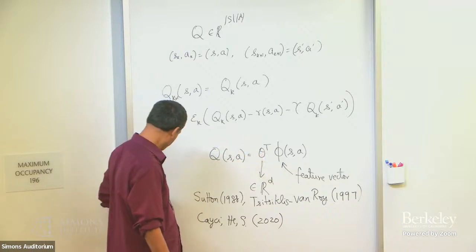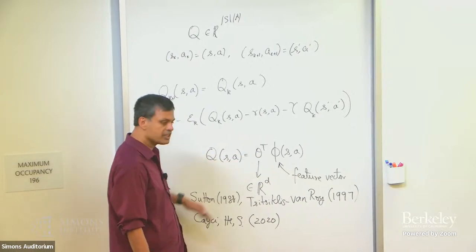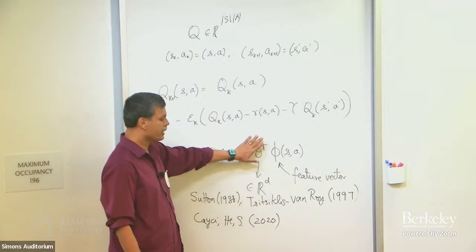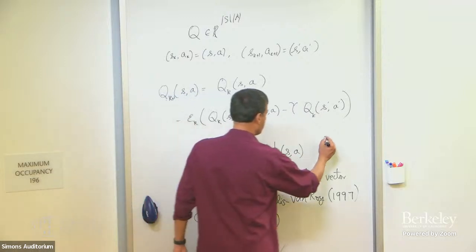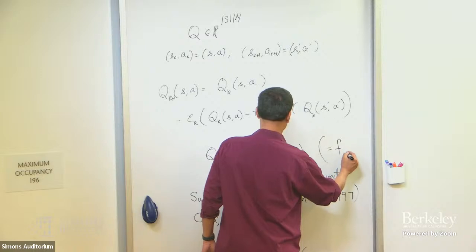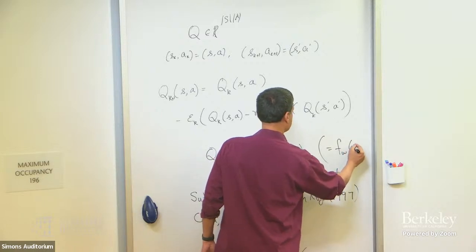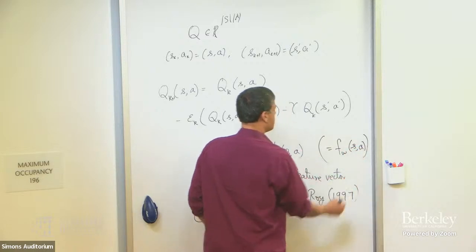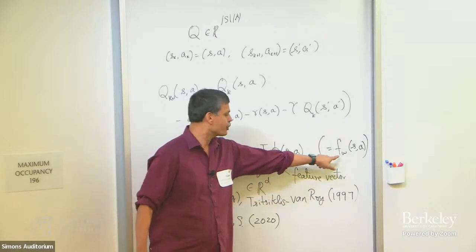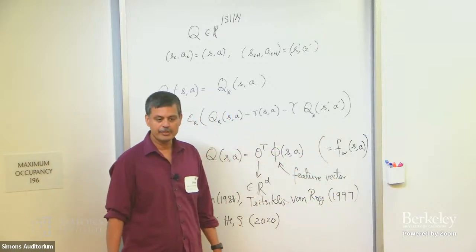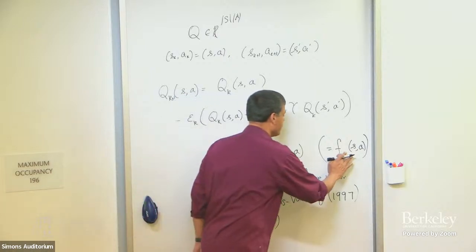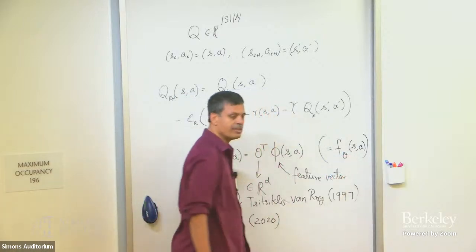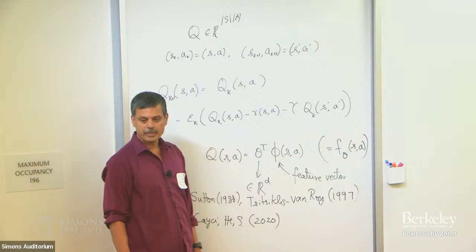But I'm only going to talk about the linear function approximation case here. More generally, you might try to approximate it as the output of a neural network with some parameter W, and you try to learn the parameter. Let me just call it theta here too. It's a nonlinear function approximation.